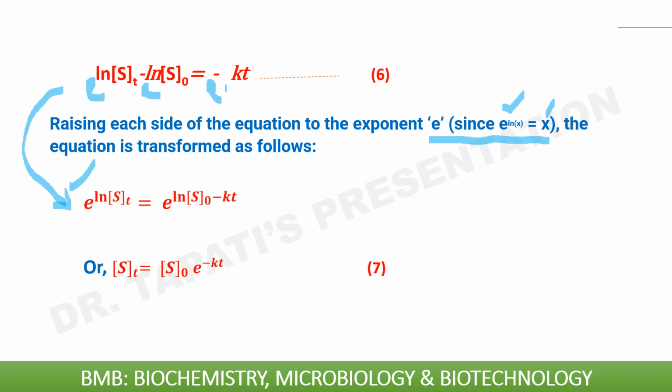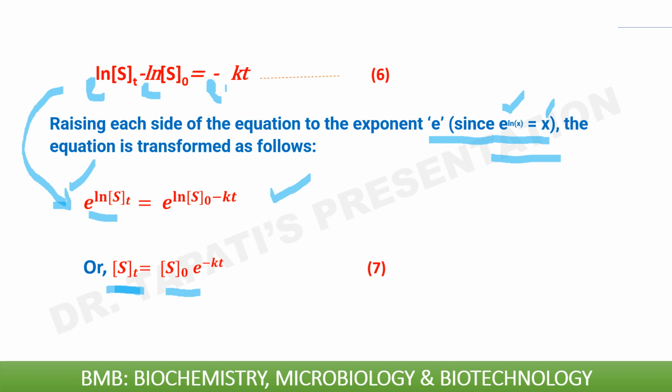e to the power ln St is equal to e to the power ln S0 minus kt. Or we can write it as St is equal to S0 into e to the power minus kt, because I already told that e to the power ln x is equal to x. So e to the power ln St is equal to St, and e to the power ln S0 minus kt is equal to S0 e to the power minus kt.